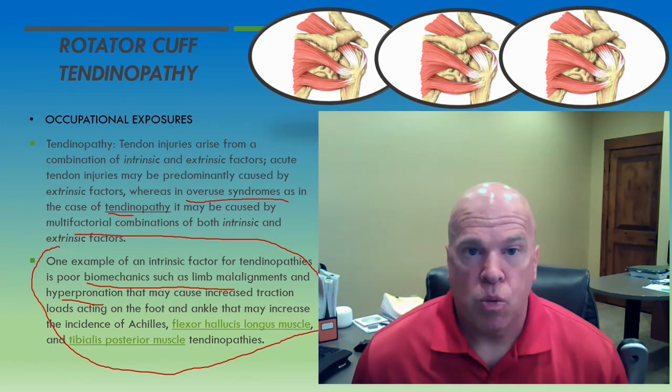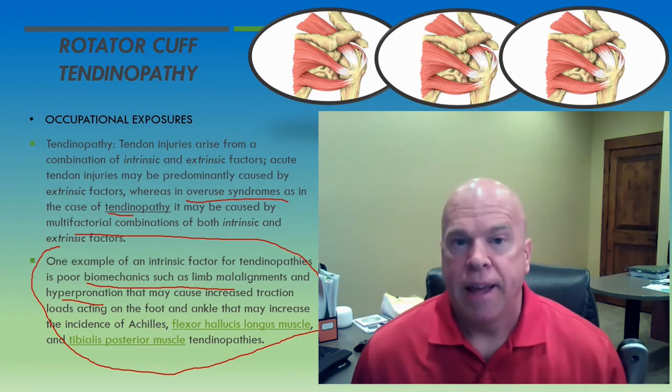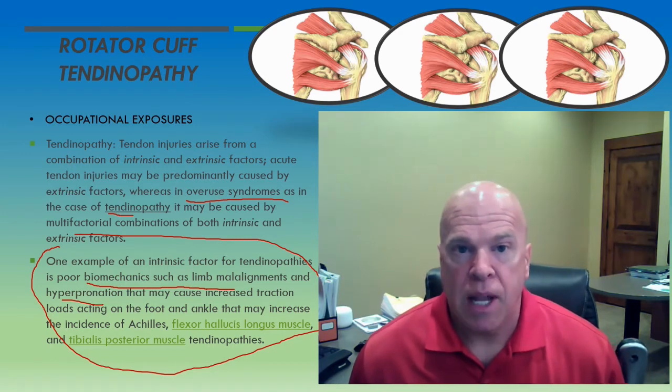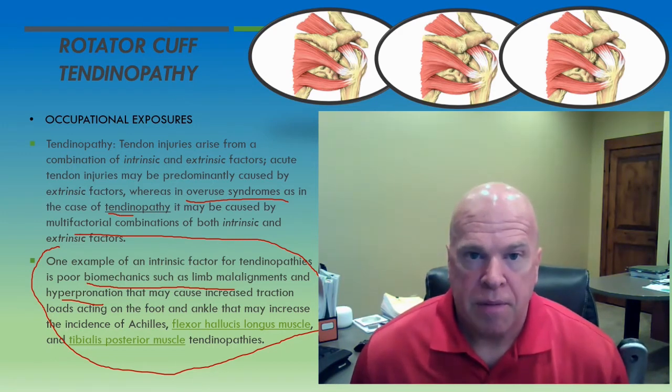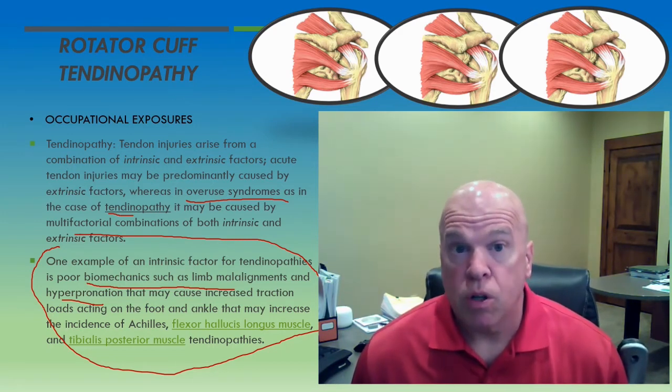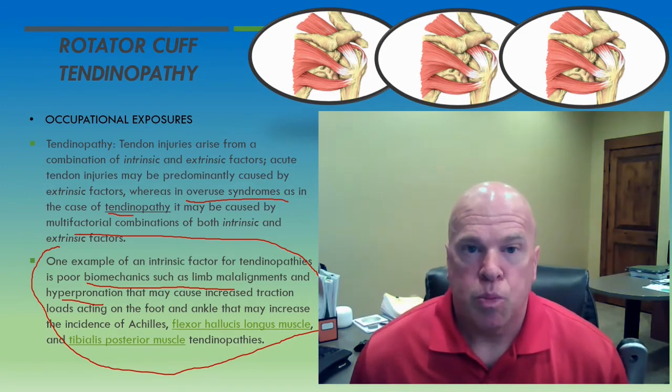So with our injured workers, we're going to see a combination of both extrinsic and intrinsic factors at play in the development of the condition of shoulder tendinopathy, and we'll explore some of the intrinsic factors here in just a couple moments.